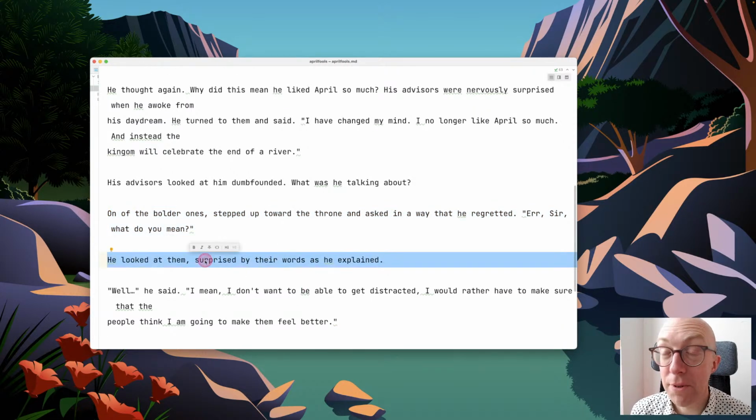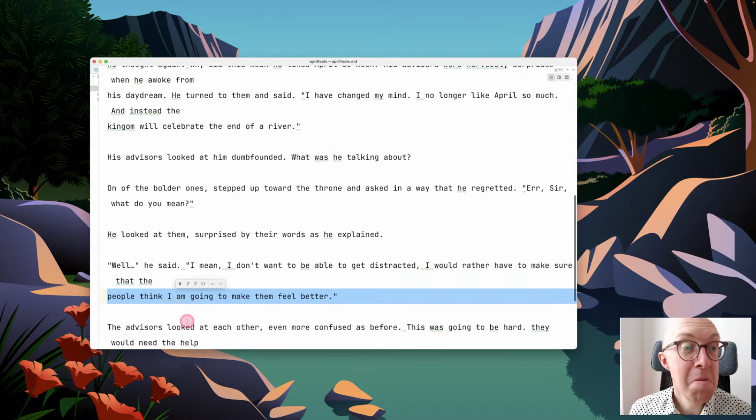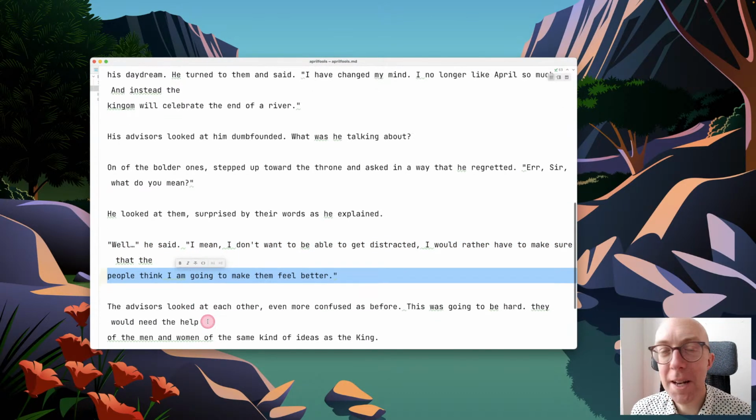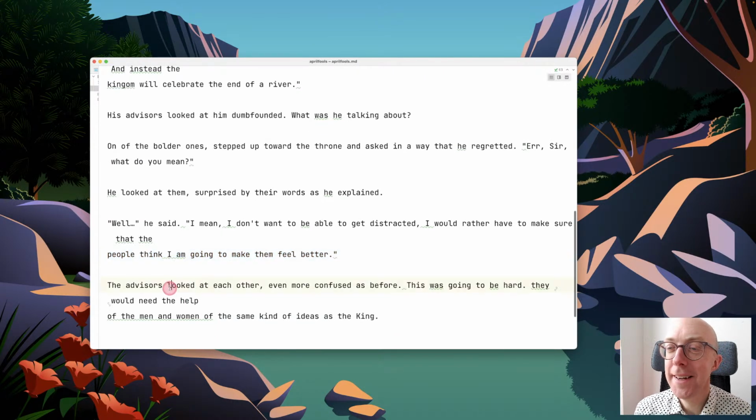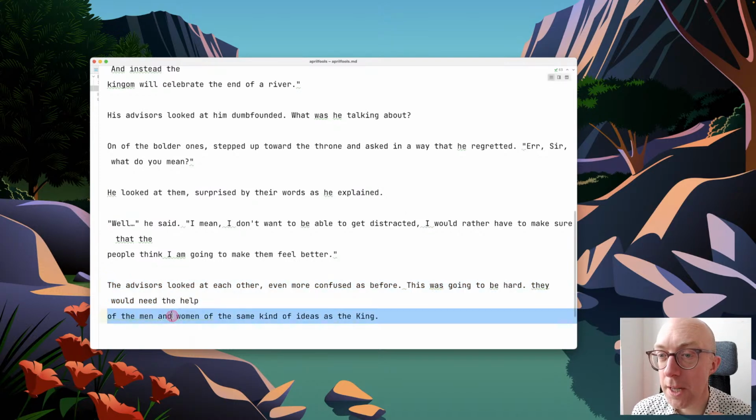He looked at them, surprised by their words, as he explained. "Well," he said, I mean, I don't want to be able to get distracted. I would rather have to make sure that the people think I'm going to make them feel better." It's an admirable desire, but it doesn't really make sense. The advisors looked at each other, even more confused as before. This was going to be hard. They would need the help of the men and women of the same kind of ideas as the king.